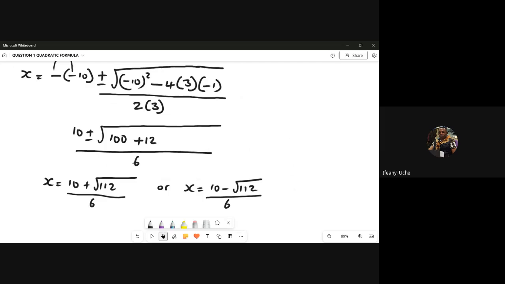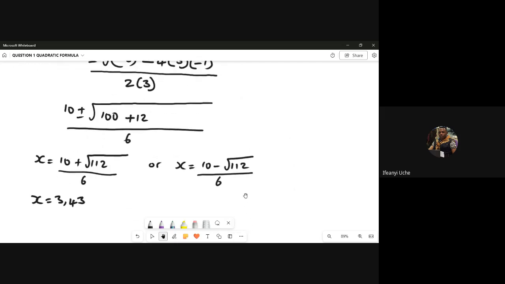That gives us x, since they said round off to 2 decimal places, x is equal to 3,43, because it gives us x equals to 3,430500874, but we are rounding off to 2 decimal places, which every learner should know as you did them in Grade 5. Then the next one, having a negative, gives us x equal to -0,09.